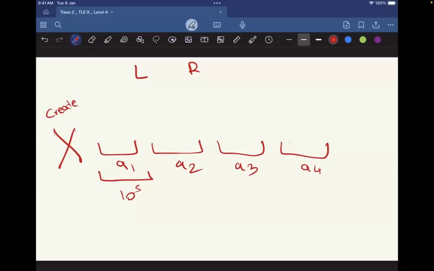Now, what is the first thing you can notice here, guys? Let's say I want the sum of this range, or the sum in this range. Do you agree that these ranges can cover at most two of them incompletely?